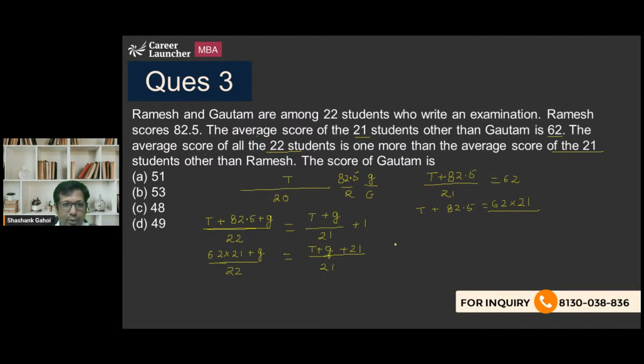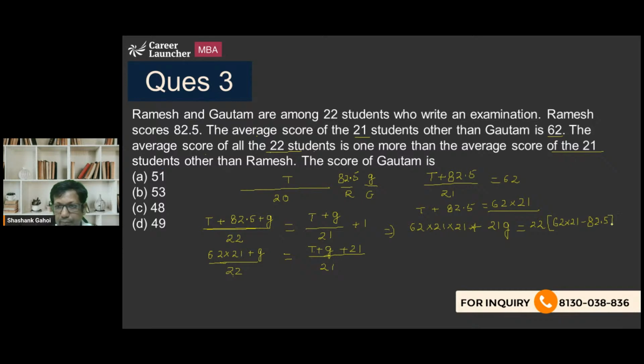So multiply this: 62 into 21 into 21 plus 21G is equal to 22T. Okay, so that is going to be 22 T, where T is 62 into 21 minus 82.5.